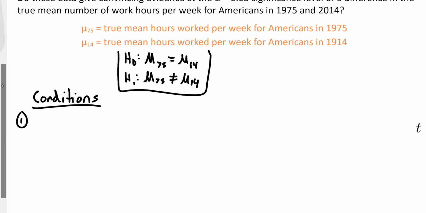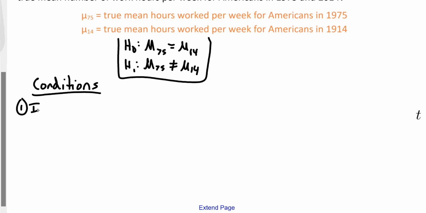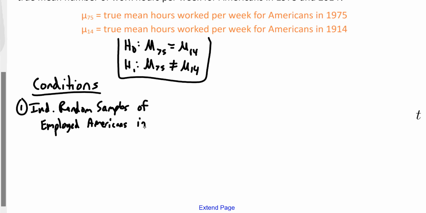Random samples. All right, so we have independent random samples of technically employed Americans in both years, so 1975 and 2014.